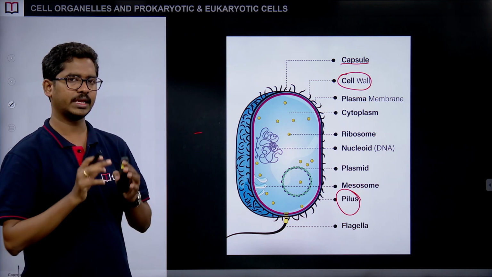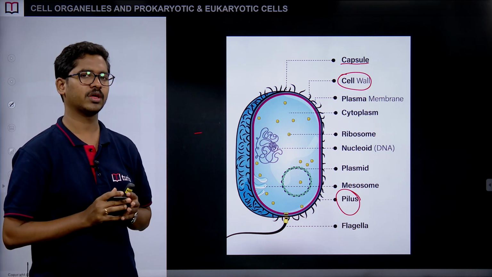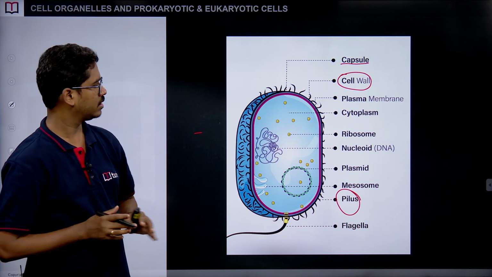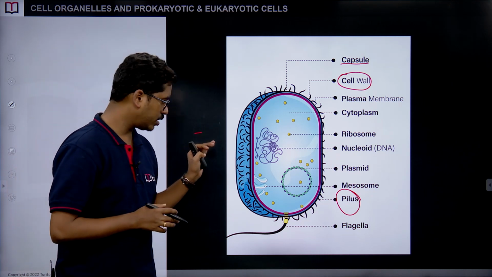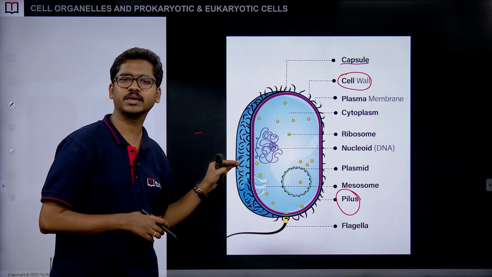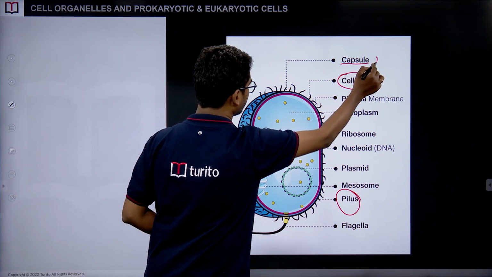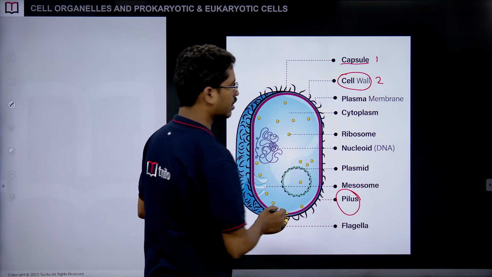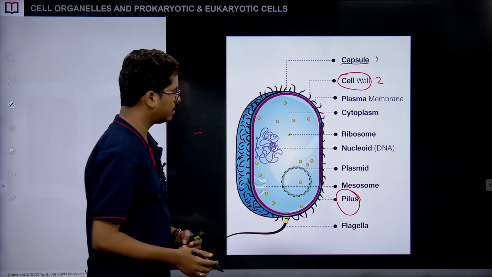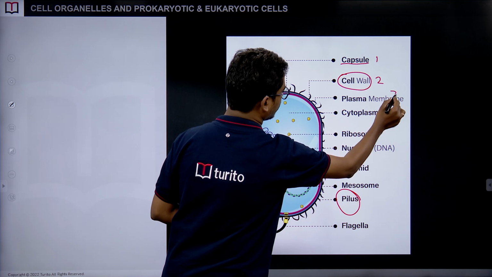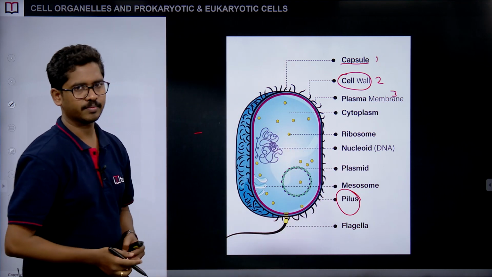Let me tell you, hope you are following my discussion. If you want to enter this particular bacterial cell, first you have to go through the capsule, secondly you will enter the cell wall, and thirdly you would enter the plasma membrane.